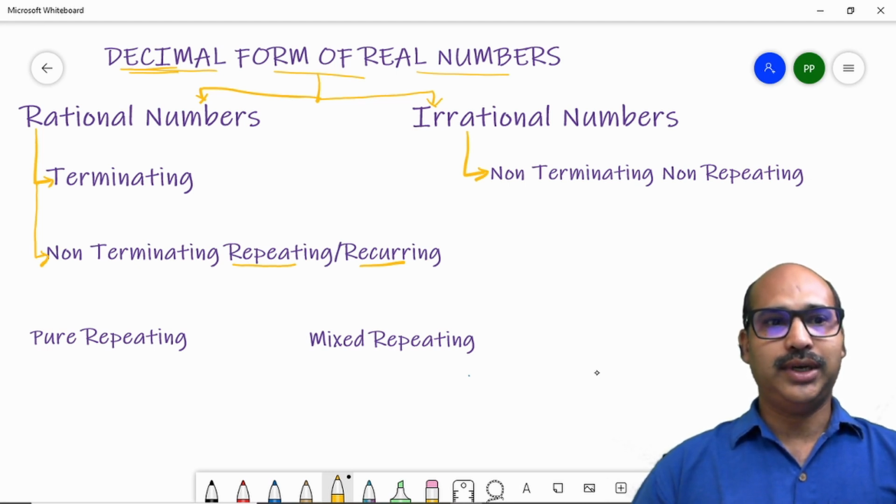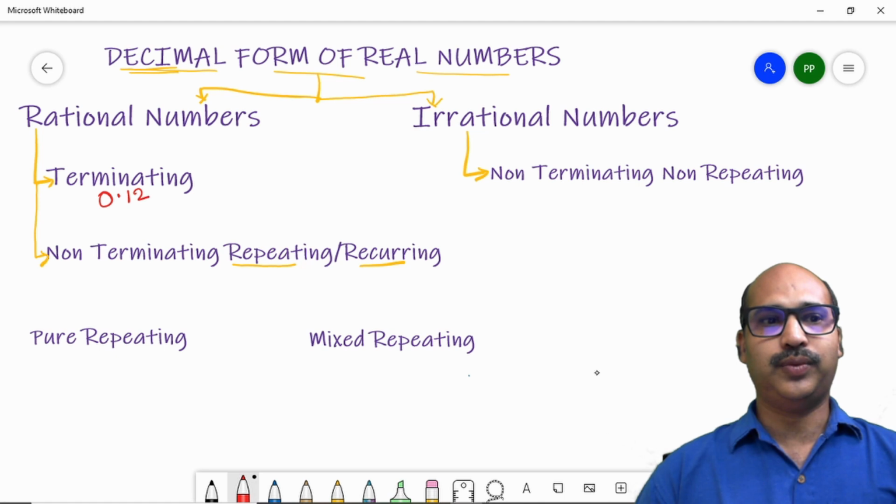Terminating, in the sense, for example, 0.125. This is terminating. After the decimal, 3 digits are there: 1, 2, and 5. Similarly 0.349, or 1.5, 7.8.